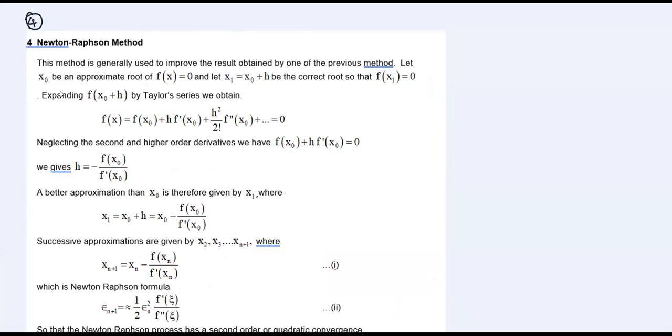So there's the fourth one, Newton-Raphson method. This method is generally used to improve the result obtained by one of the previous methods.